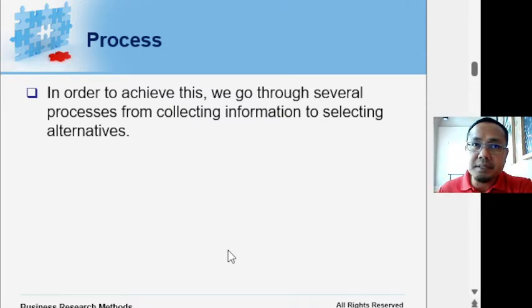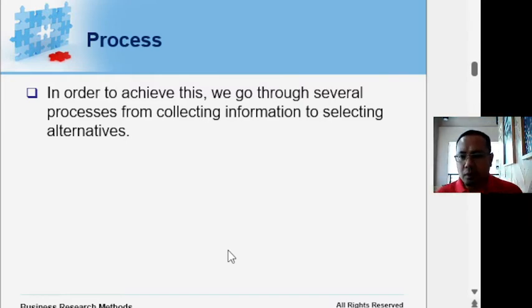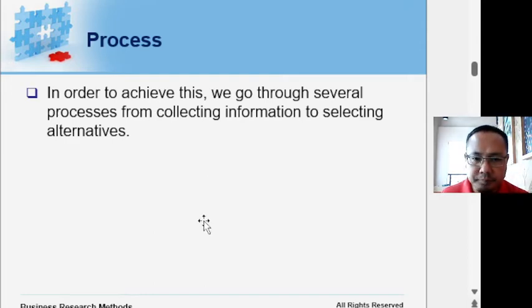So as a business practitioner, for people who have an understanding of business research, we can do the process properly. We know how to get the information, collect information, and select what kind of information we want to use, and select the alternative among the few solutions that we may find to solve a problem.